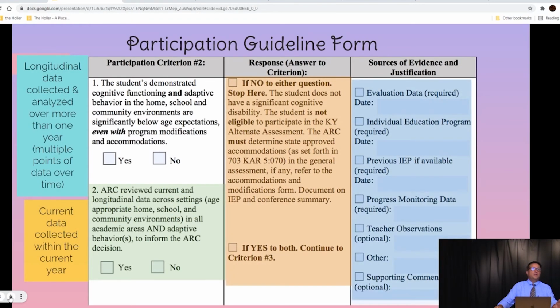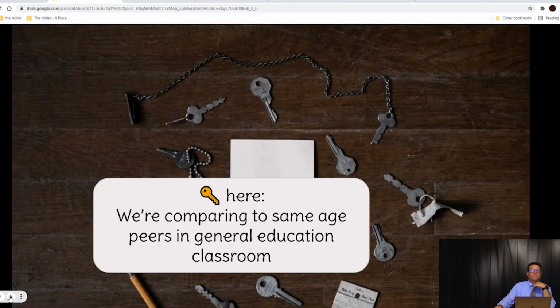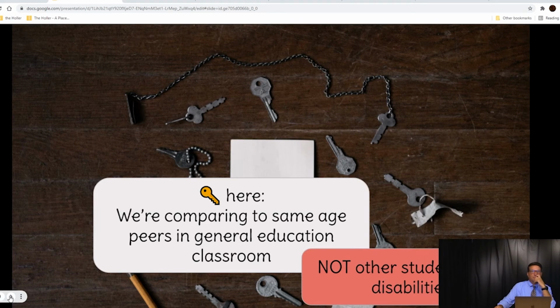So we see longitudinal data is collected and analyzed over more than 1 year at multiple points of data over time, and that current data is collected within the current year. And then also those pieces where we need to document are there. So here we're comparing the same age peers in the general ed classroom.